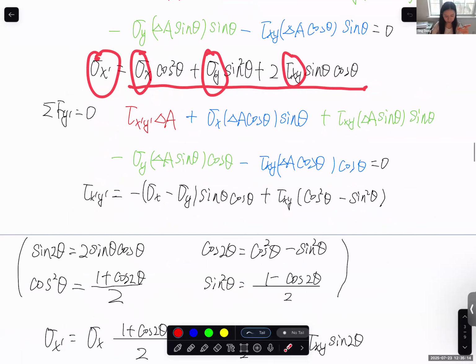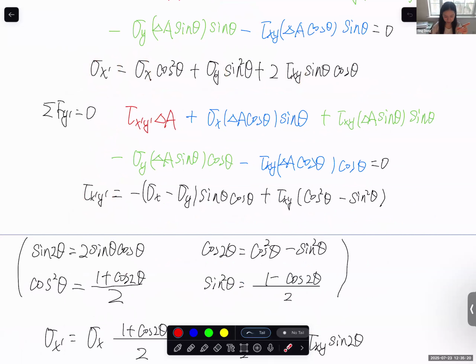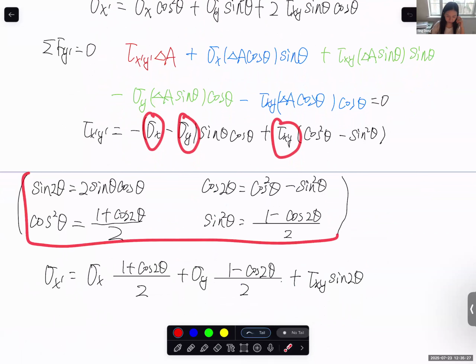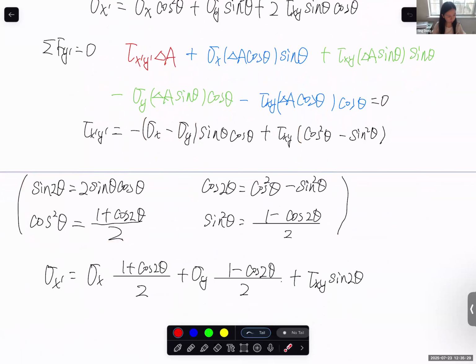And the same thing for the shear stress after rotation: a function of theta, and also sigma x, sigma y, tau x y. And we use this one to simplify our expression.